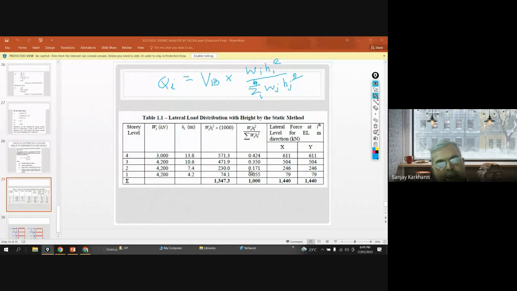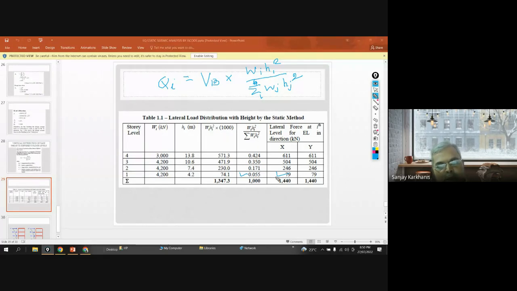So that is exactly this: WI HI square divided by the summation of WI HI square, I equal to 1 to N. So if I multiply VB by this factor, I will get the base shear or lateral load at first floor. Clear?